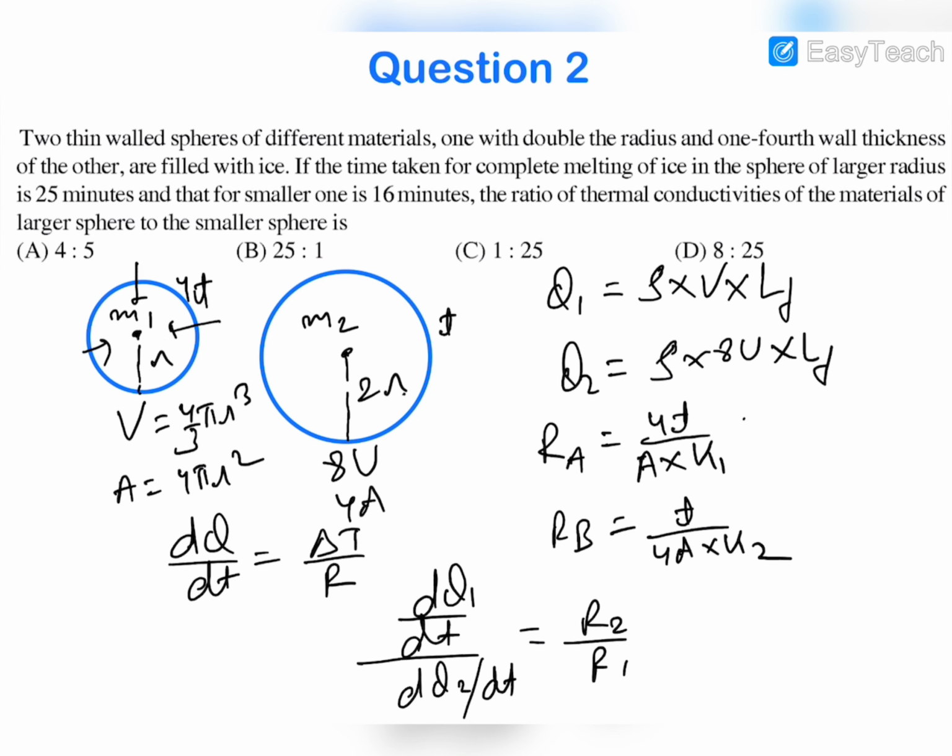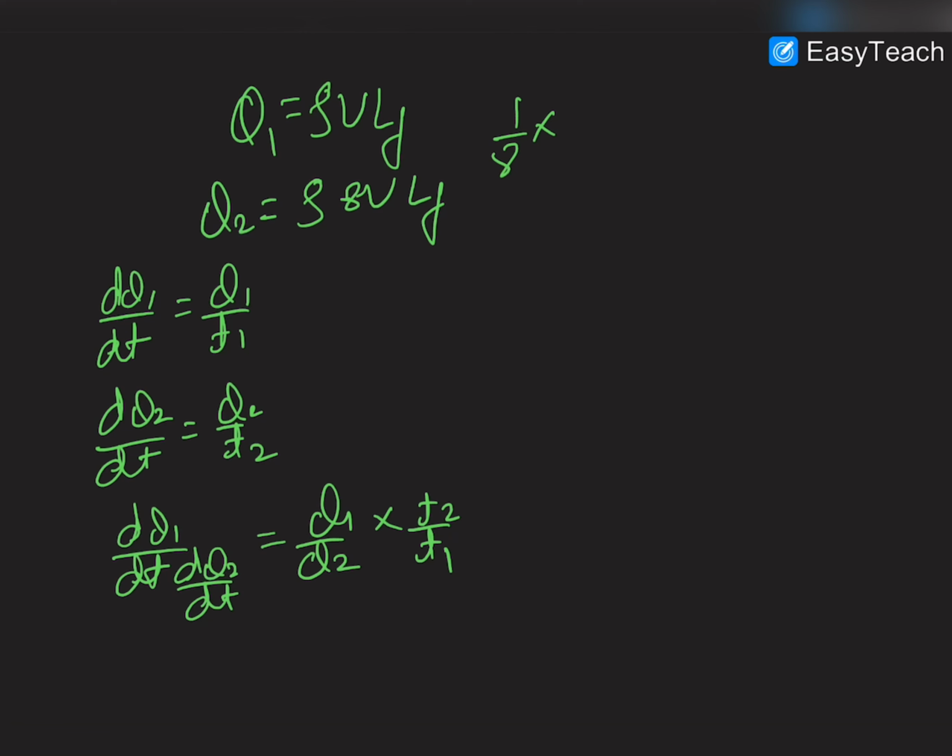So t2 of the larger sphere is 25. If the time taken for complete melting of ice in the sphere of larger radius is 25, so t2 is 25 for the second one, and for the first one this time is 16 minutes.